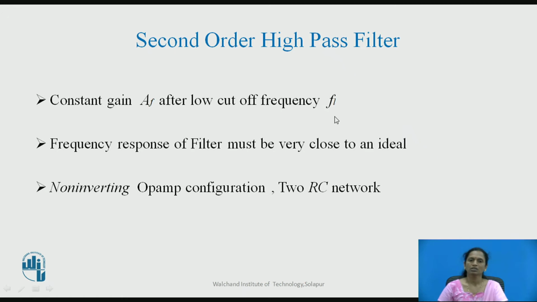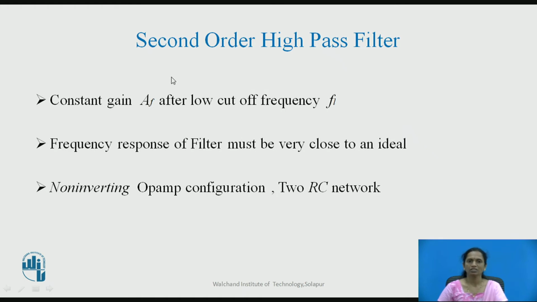This is represented with the help of the separation, that is before the lower cutoff frequency and after the lower cutoff frequency, and this frequency response must reach towards the ideal one.